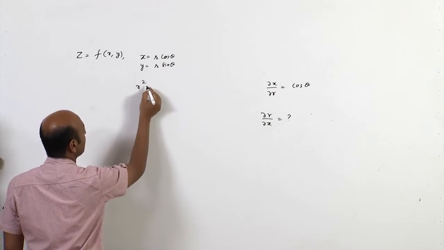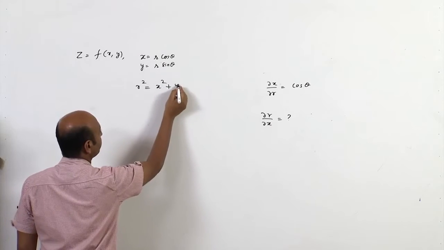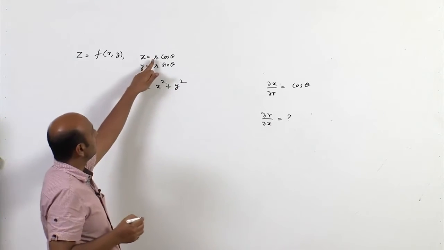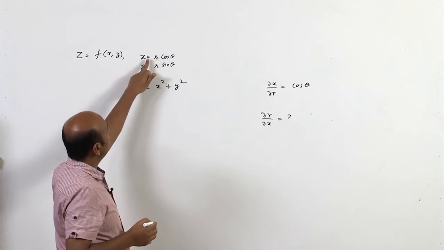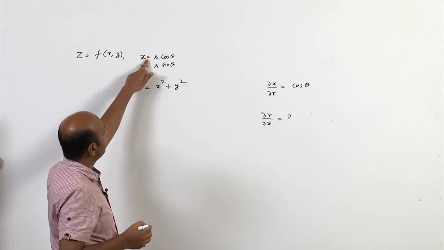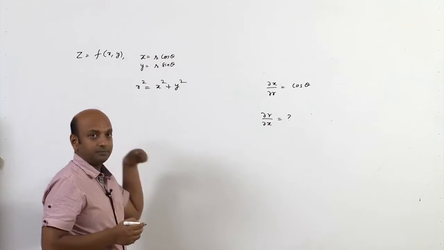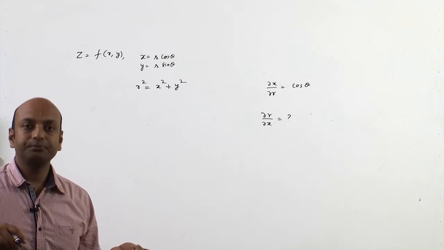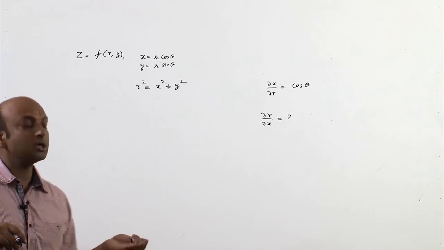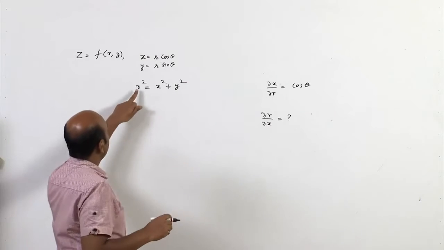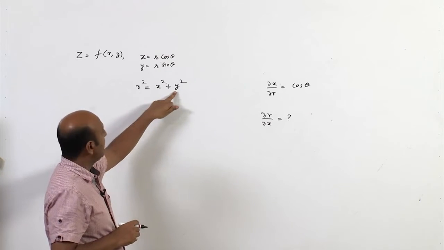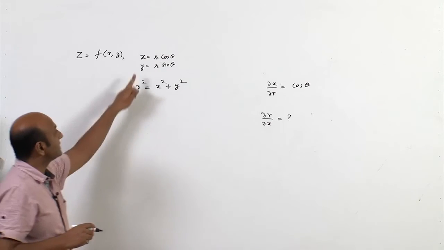It is r square equal to x square plus y square. Okay. Not from this equation, because this is r equal to x sec theta, but we can't differentiate from here partially, because we have to express r in terms of independent variables. Okay, x and y are independent, not x and theta.